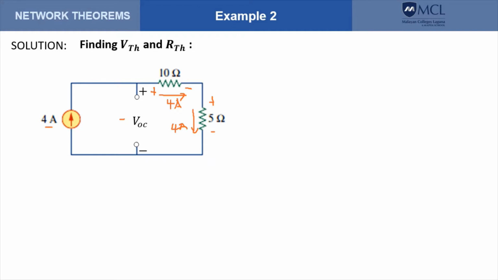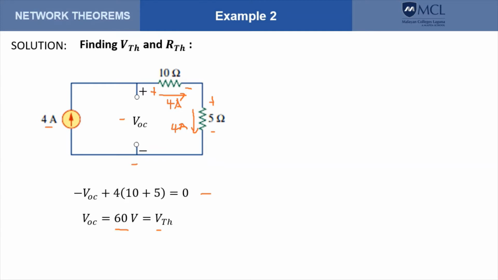So this is the equation, and from this equation, we can immediately determine the voltage VOC, which becomes our voltage VTH.